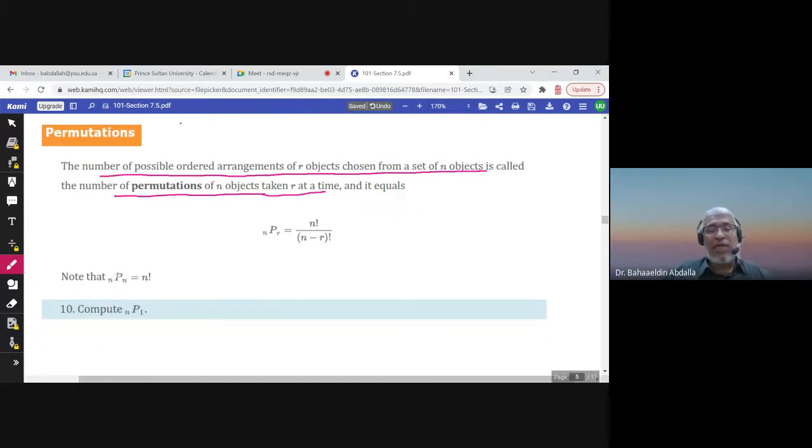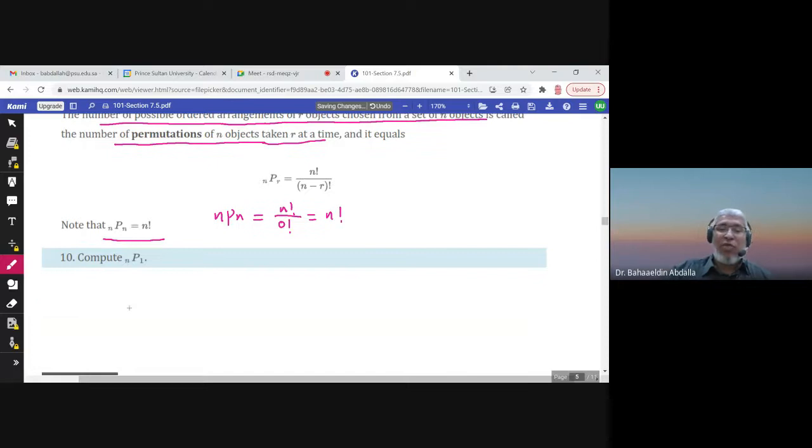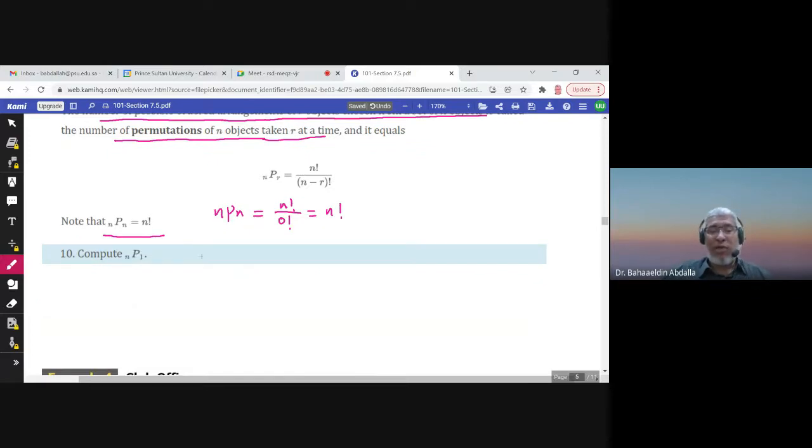Now notice that according to this definition, nPn would be n factorial over n minus n factorial, which is 0 factorial. And we have seen that 0 factorial is 1. So nPn is just n factorial. What about nP1? Well, nP1 is n factorial over n minus 1 factorial.